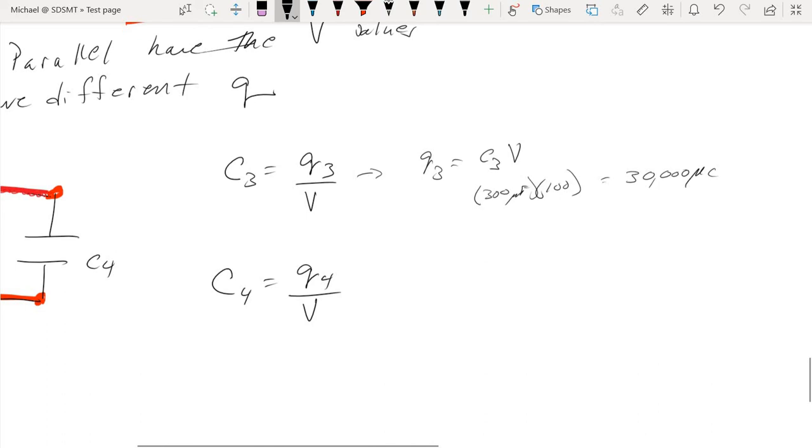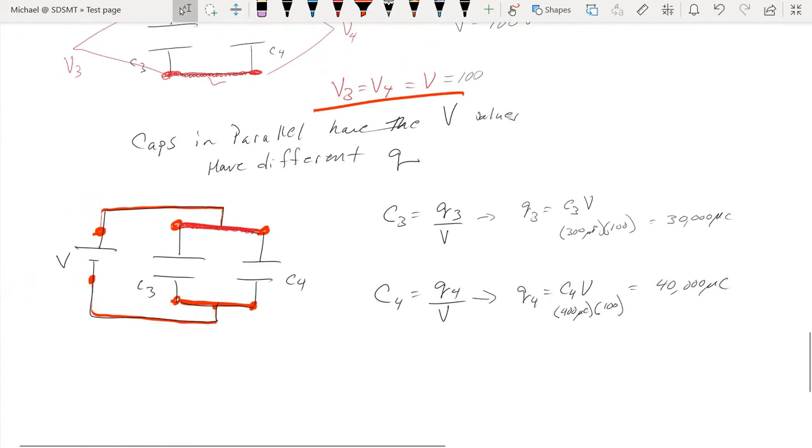So 30,000 microcoulombs, if you want to pare that down with your decimals and your scientific notation, you can do that. And then for charge 4, we'll have 400 microfarads and 100 volts, which is 40,000 microcoulombs. So why do we have different charges here?